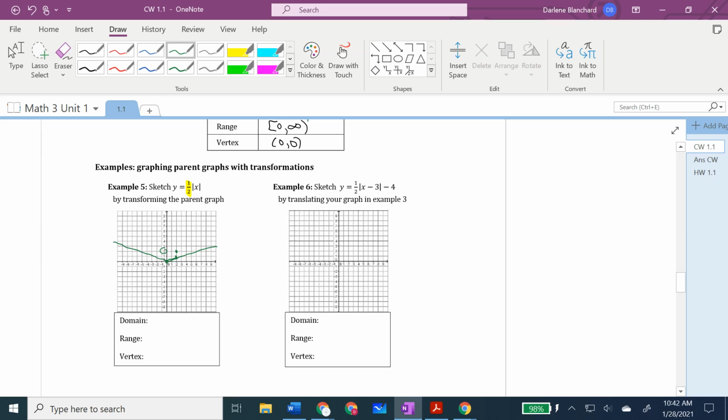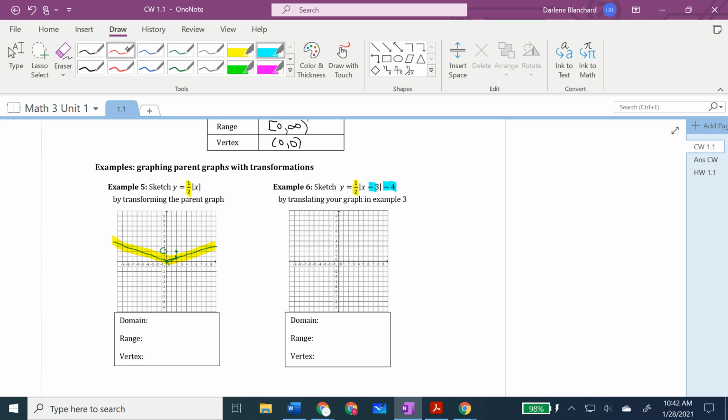And what I'm doing here is I'm presenting a two-step process. In the next graph, I have the same 1/2 multiplying. That means that I'm starting with this graph. After you deal with the multiplication transformation, then you do any addition, subtraction transformations.